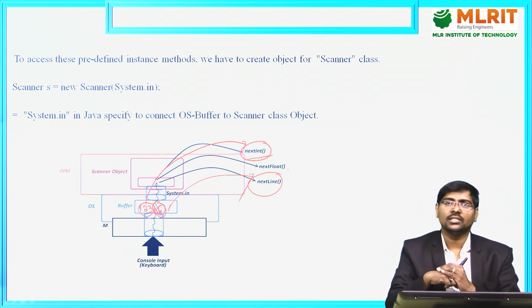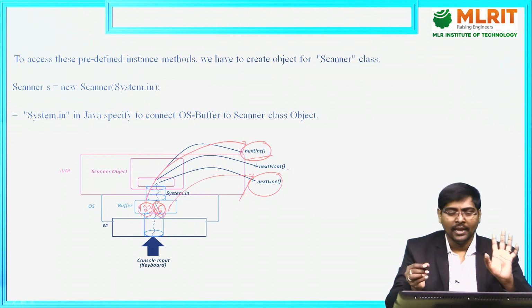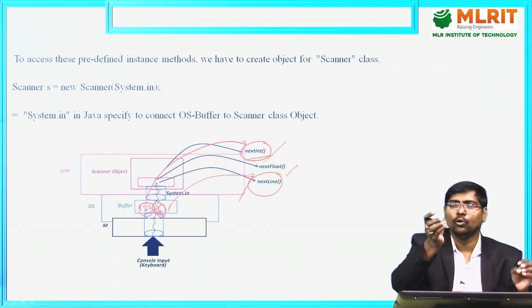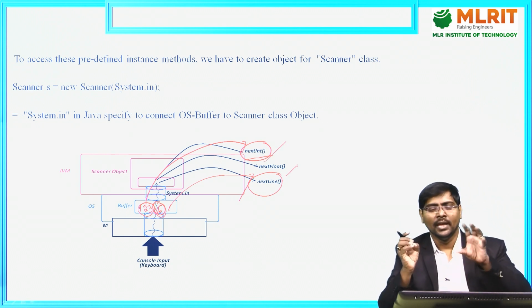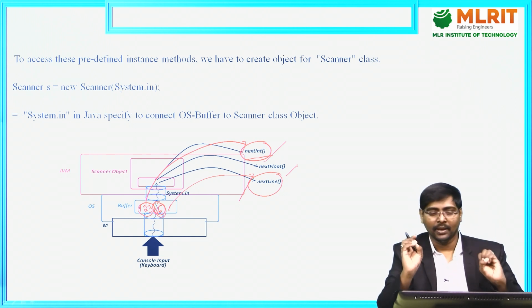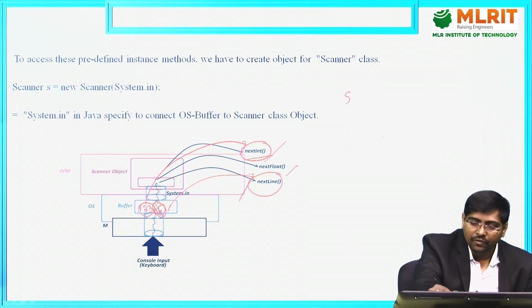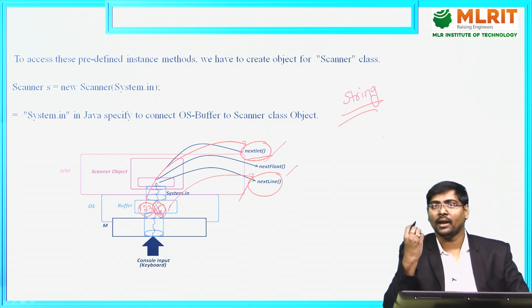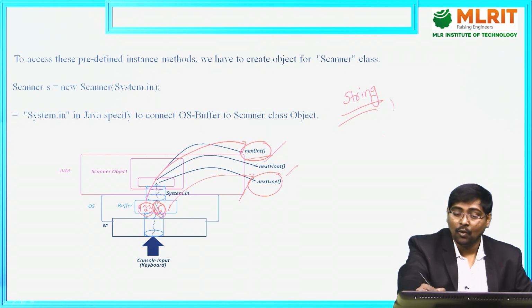Then how to resolve this problem? Very simple. Instead of reading the integer, float, byte, short, double, each and everything with separate methods, read everything in the string format. Read every input in the string format and then convert. Why?